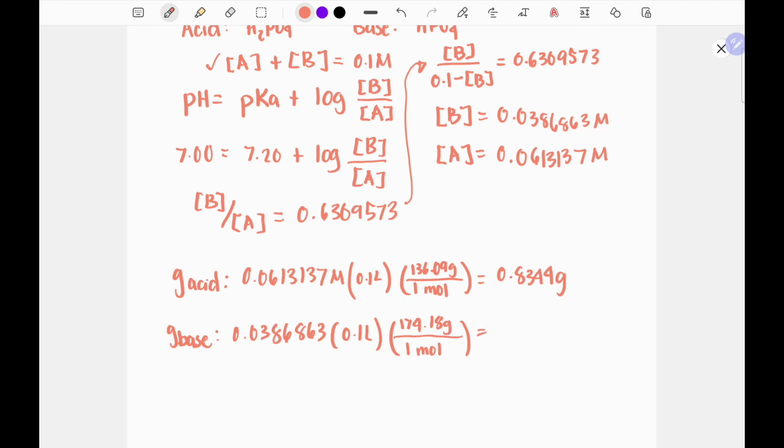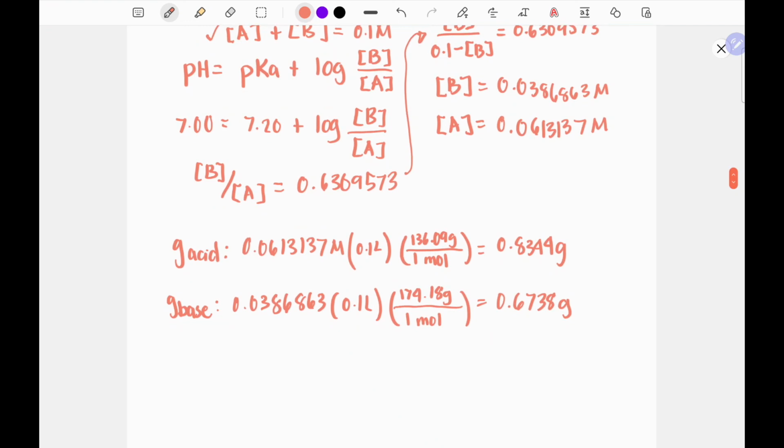This should be equal to 0.0386863 times 0.1 times 174.18, 0.6738 grams. If you don't quite see the conversions that I did, let's take a closer look at the base.